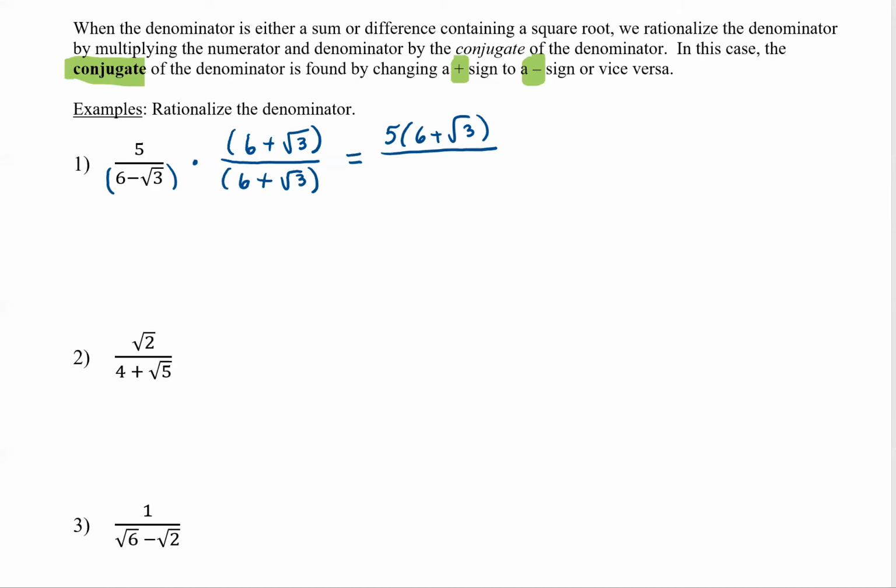And you only need to multiply the first and the last. 6 times 6 is 36. Square root of 3 times square root of 3, but notice it's a minus and a plus. That's going to be minus 3.